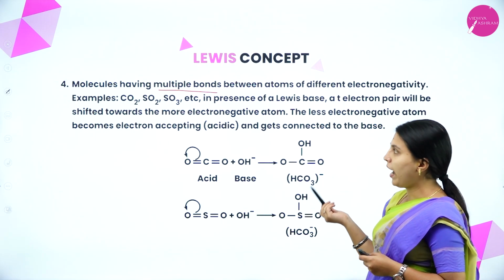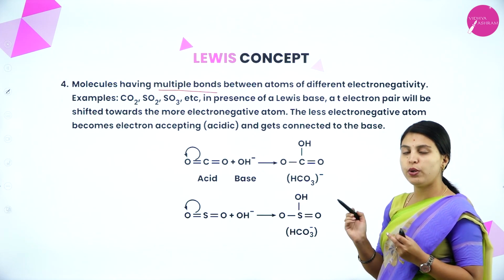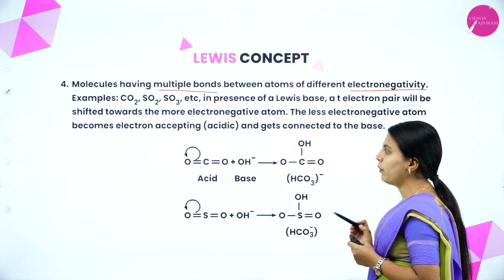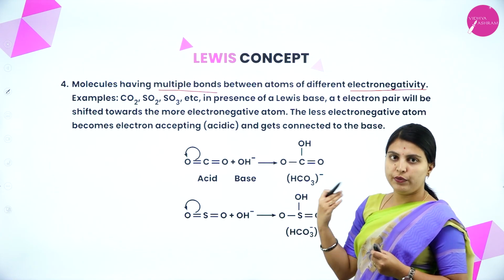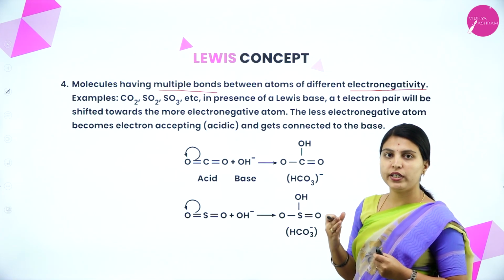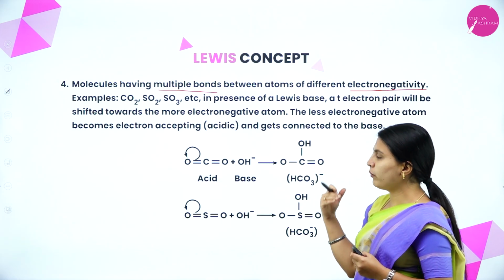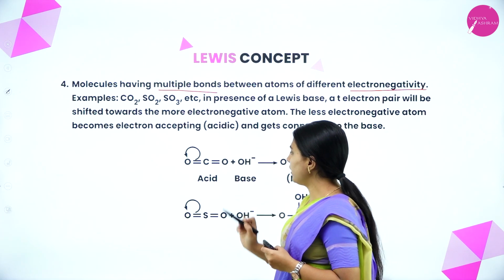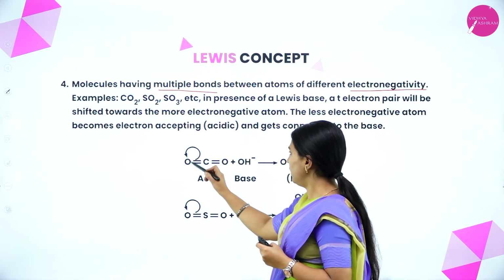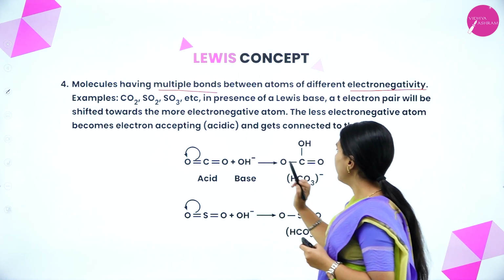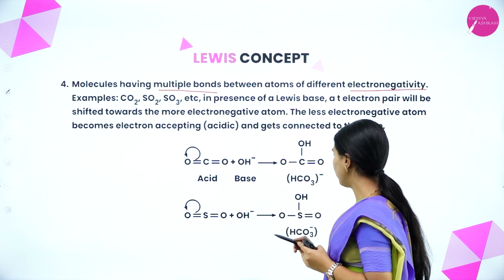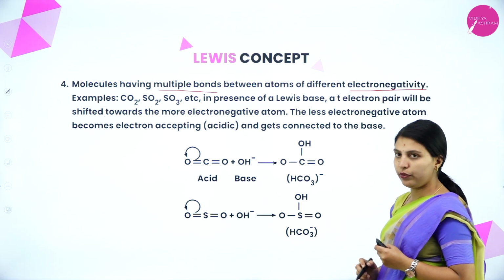When electronegativity is more, it will attract the electrons; when electronegativity is less, it starts accepting electrons. It shows acidic nature. See here, acid accepts the electron. Next, base, here bicarbonate will form. Here also SO2, bicarbonate will form.